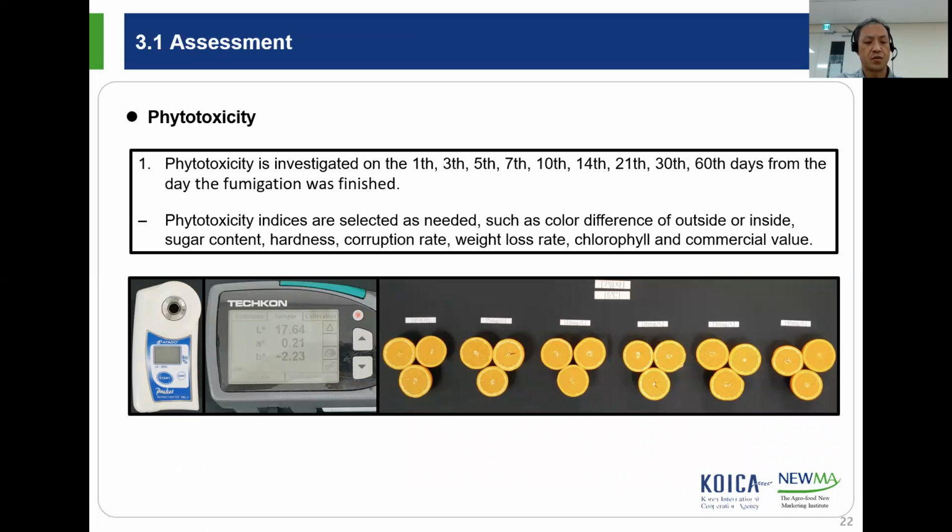Phytotoxicity is assessed on the first, third, and fifth days from the day the fumigation was finished. Phytotoxicity indices are selected as needed, such as the color difference of outside or inside, sugar content, and hardness.